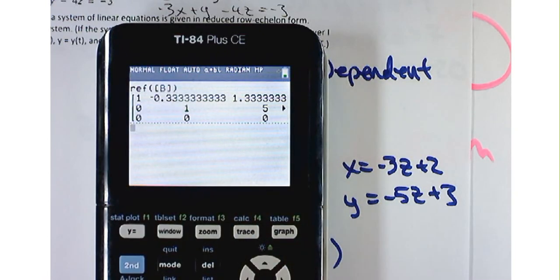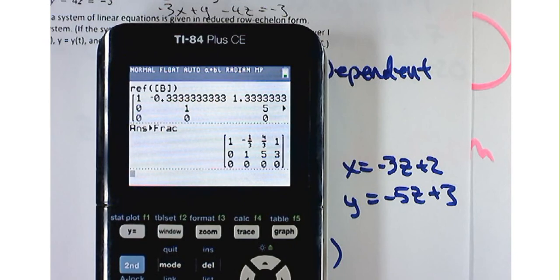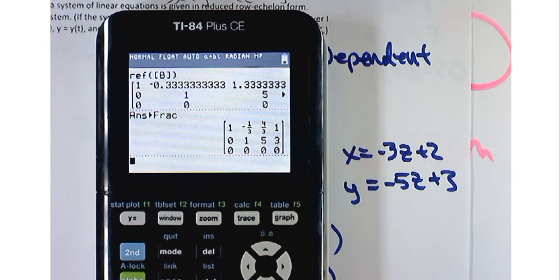If you hit the math key and press enter twice, it'll turn your decimal values into fractions, if it can. And in this case, it can. So, wow. There's your row echelon form. It's not reduced row echelon form, but that's okay.